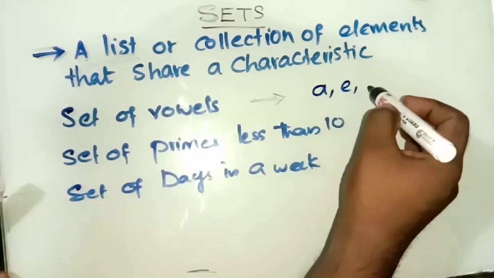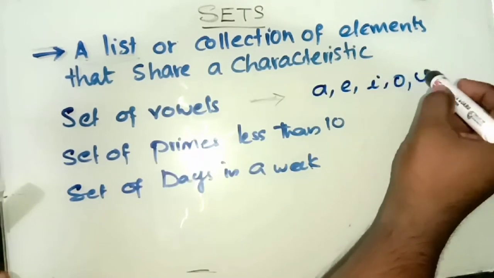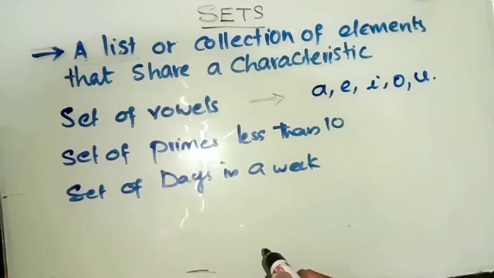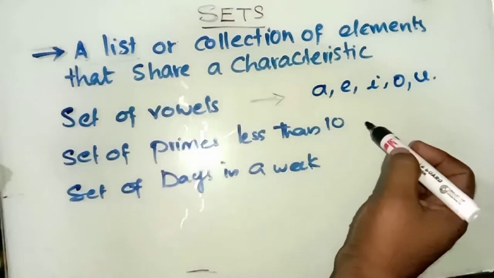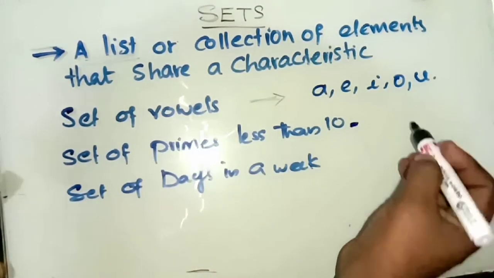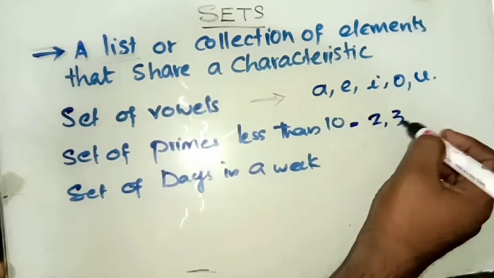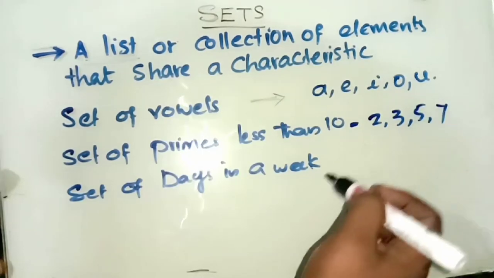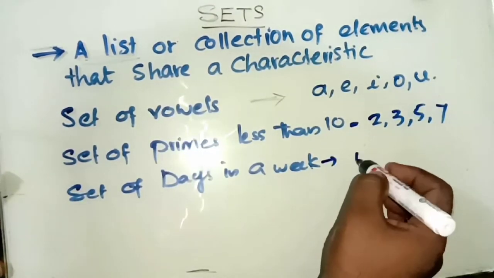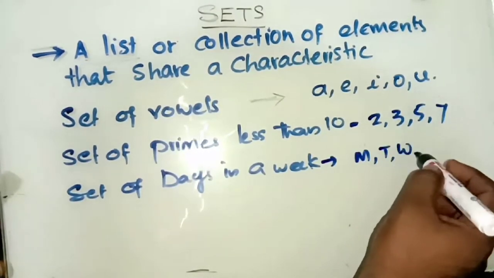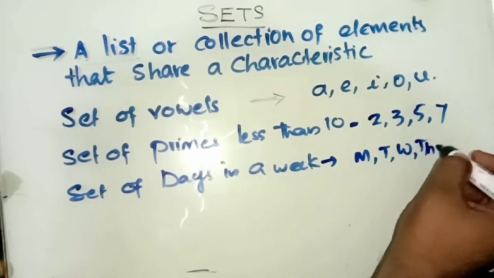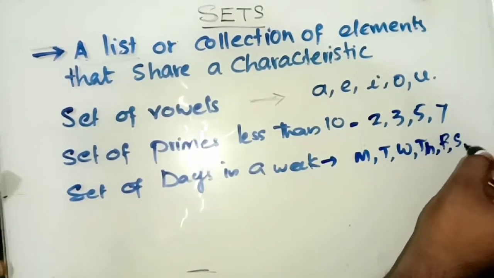A, E, I, O, U. Okay. Set of primes less than 10 is 2, 3, 5, 7. Set of days in a week: Monday, Tuesday, Wednesday, Thursday, Friday, Saturday, Sunday.